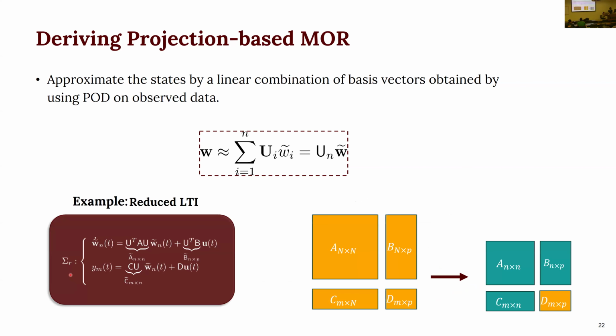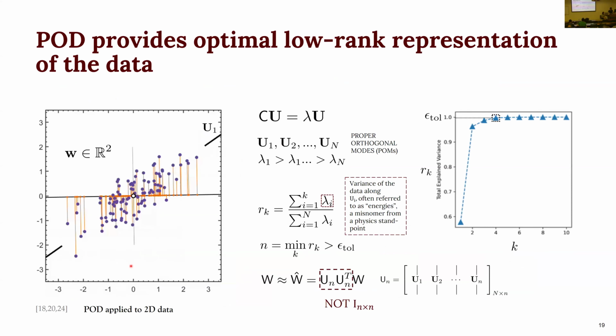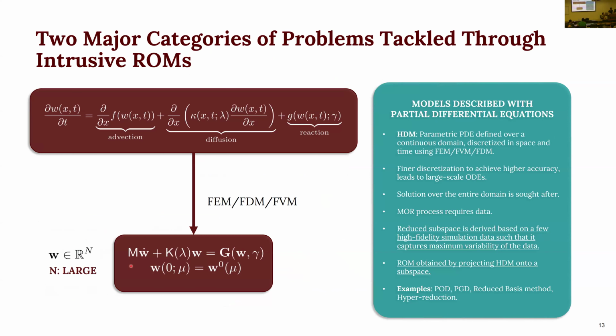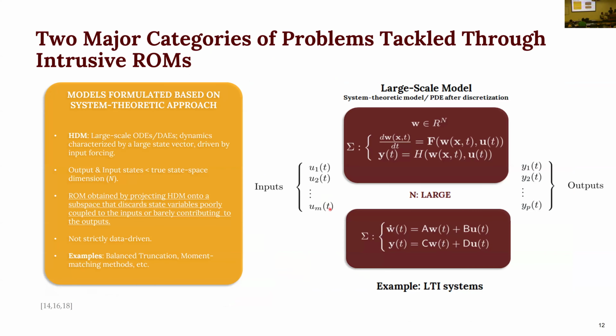As an example, if you have an LTI, but you already saw this example. Say you have this high dimensional equation where your W is R to the power N, and your A is capital N cross N, B is capital N cross P, and so on.